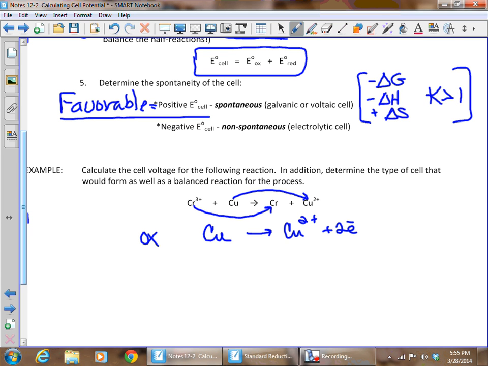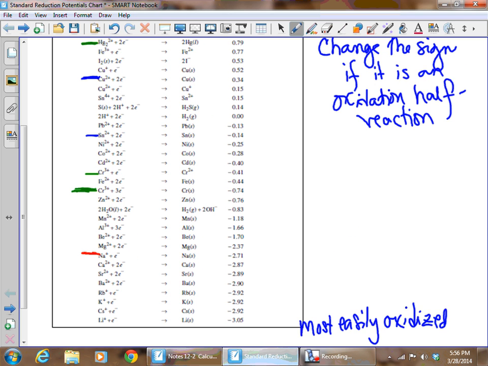Our reduction reaction is that chromium 3 plus is going to form chromium metal, and in the process it's going to require 3 electrons in order for that to work. And now we're going to look for those reactions on our reduction potential chart. Copper is one we've already found right up here at the top.